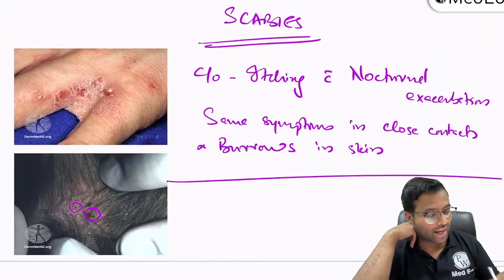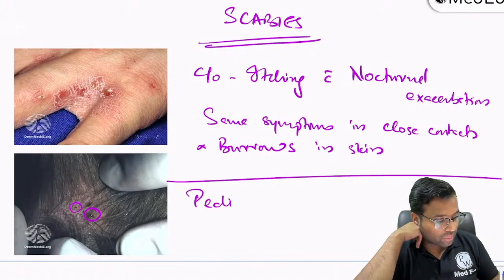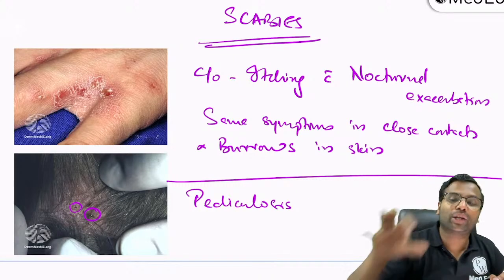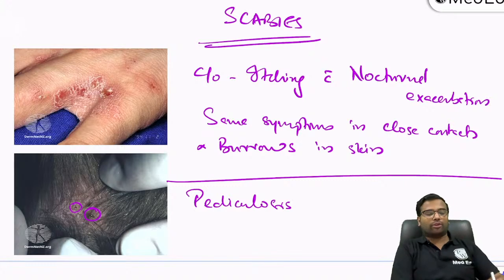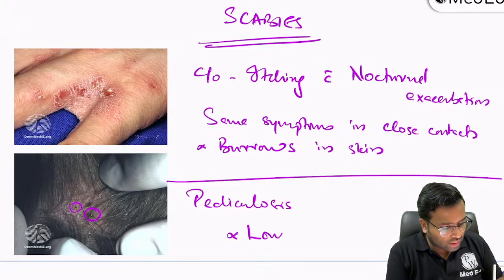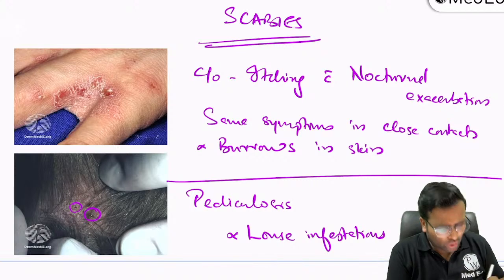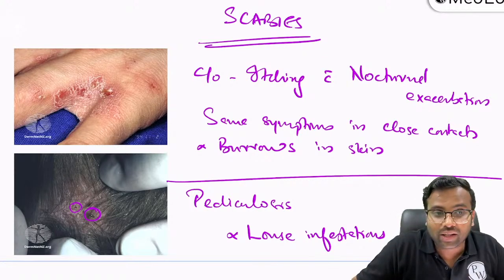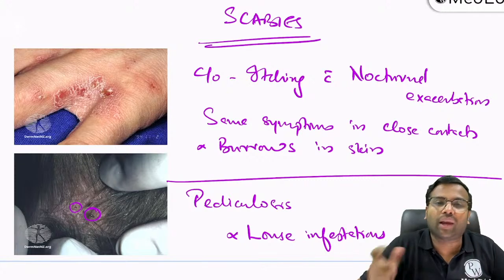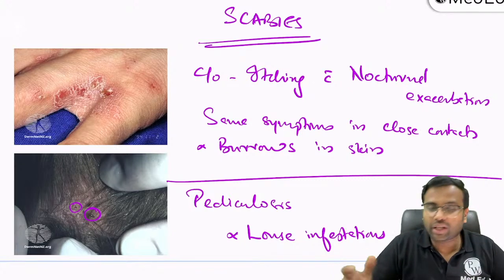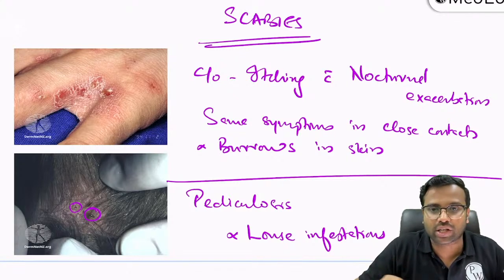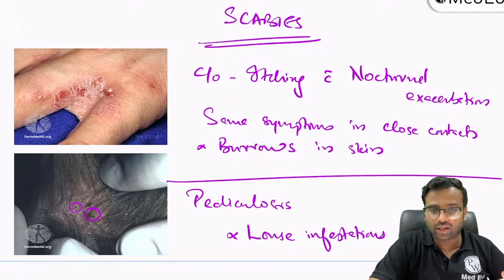This one is called pediculosis. In pediculosis you can find that there is some louse infestation. You don't need a microscope here because this is so visible to your eyes. This is a lice or louse infestation, called pediculosis. That is how these kinds of parasitic infestations can also present in our skin.